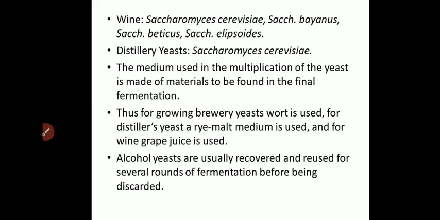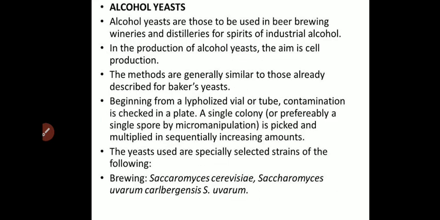It is used because it is highly stable at the fermentation conditions, as well as it gives high yield in less time. So this Saccharomyces cerevisiae is inoculated in malt extract or rye malt medium, or grape juice is used, which contains a high concentration of sugars and other nutrients.